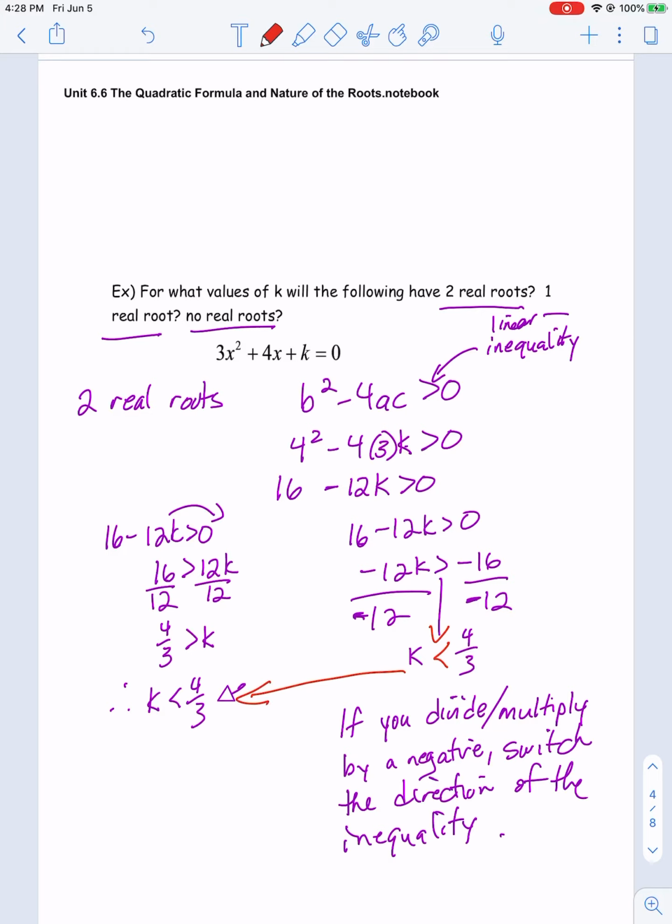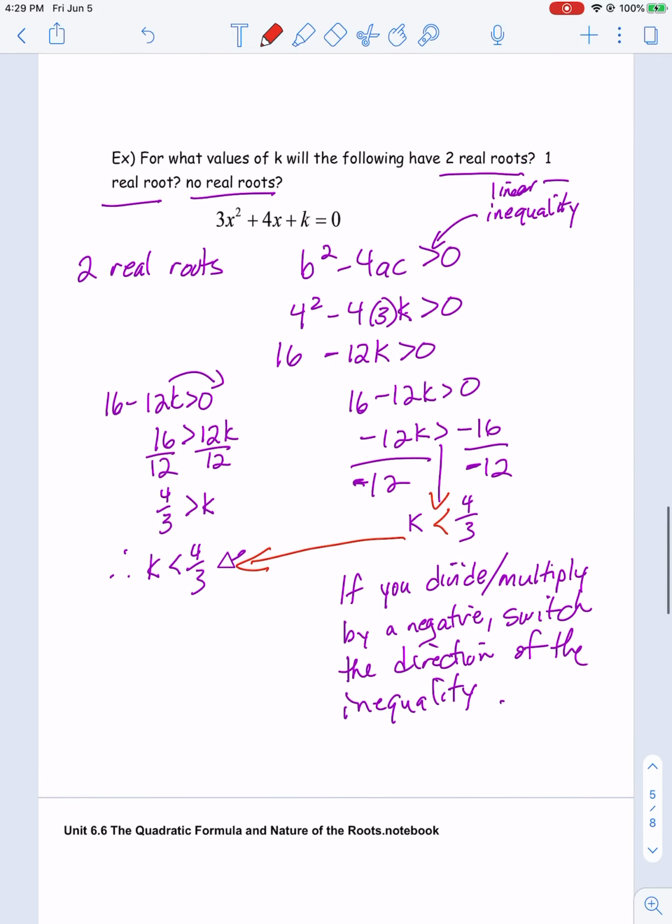It's up to you how you want to do it, whether you put the 12k on the left or the right. But you need to remember that if you divide by a negative, you've got to switch the direction. There's an algebraic reason behind it that I'm not going to get into. You're going to do more inequality stuff in grade 12. This is as far as you need to know right now. If you divide or multiply by a negative, you need to switch that sign. Okay?